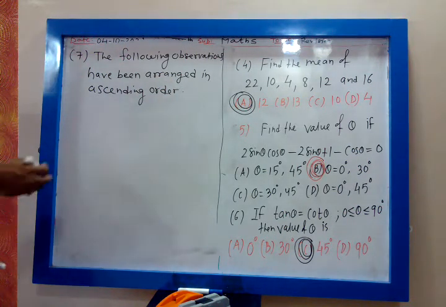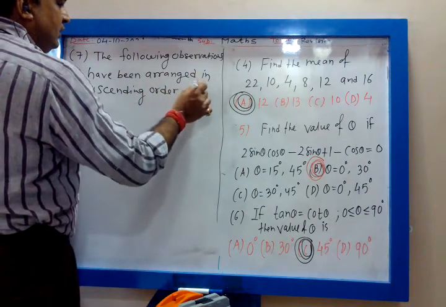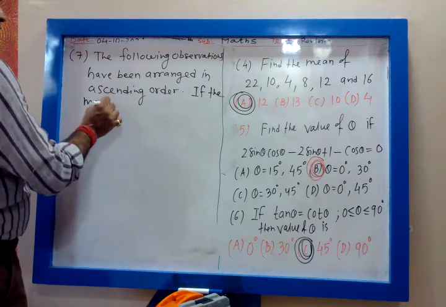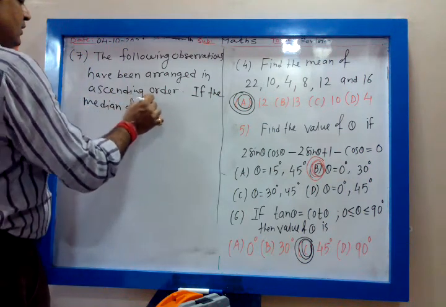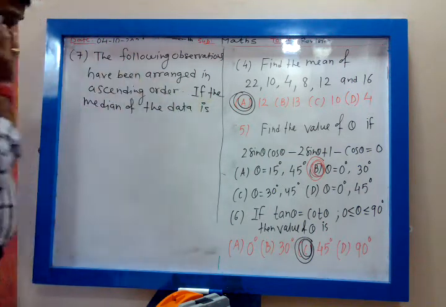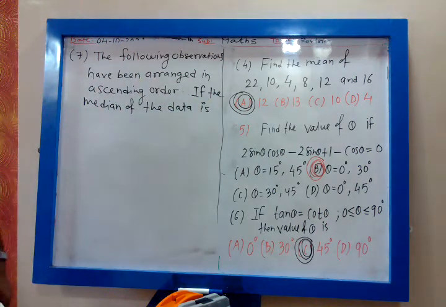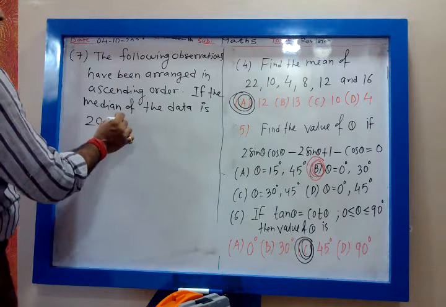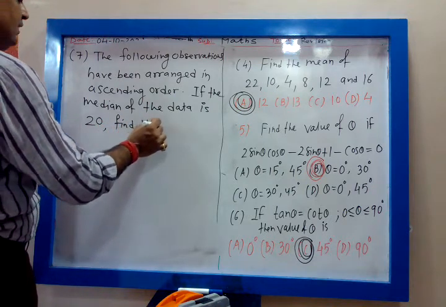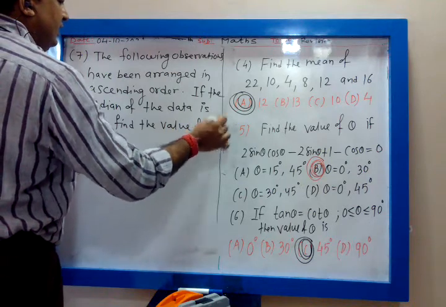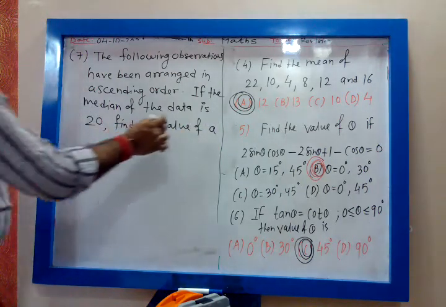If the median of the data is 20, find the value of x. Find the value of not x, find the value of a.